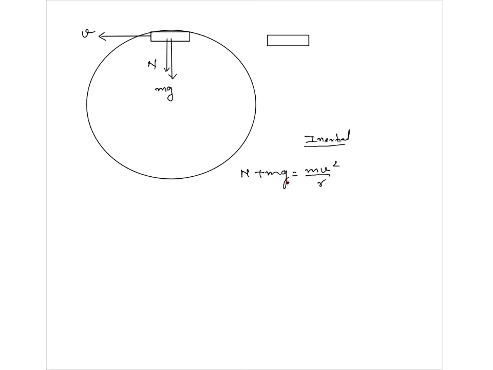Motorcycle won't be able to complete the circle. So high speed is a requirement for this type of stunt. If you want a bucket filled with water to successfully complete a vertical circle without water falling, then there is a requirement for speed.